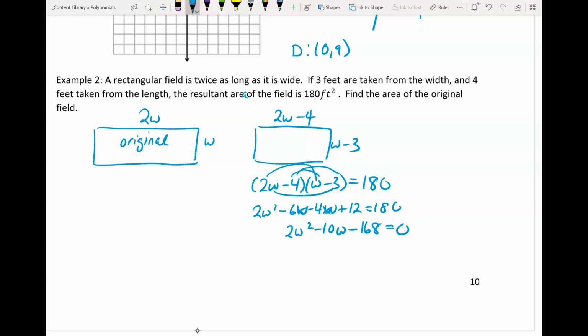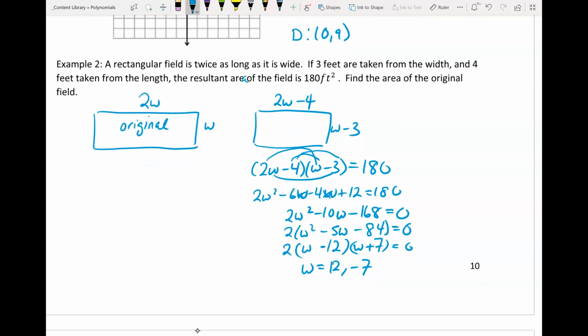And then I'm going to factor the 2 out. I know that 12 times 7 gives me 84, and I can get a negative 5 if I had a negative 12 and a positive 7. So W then is either 12 or negative 7.